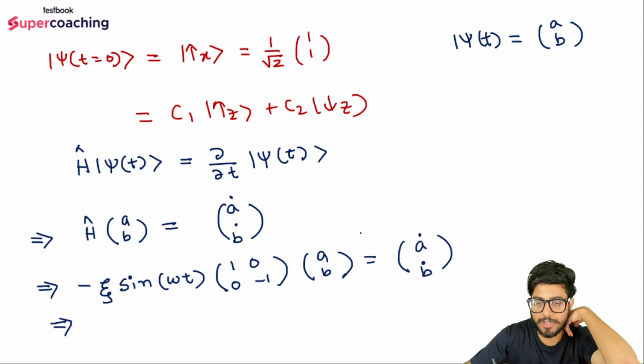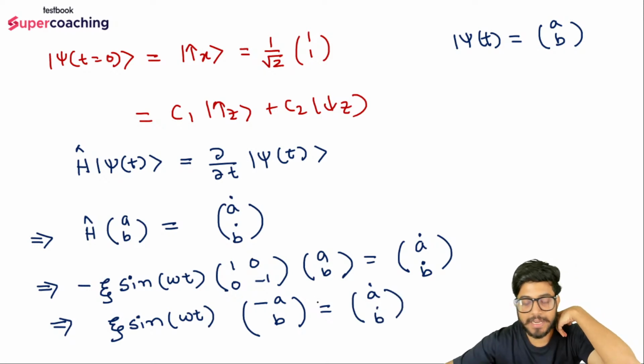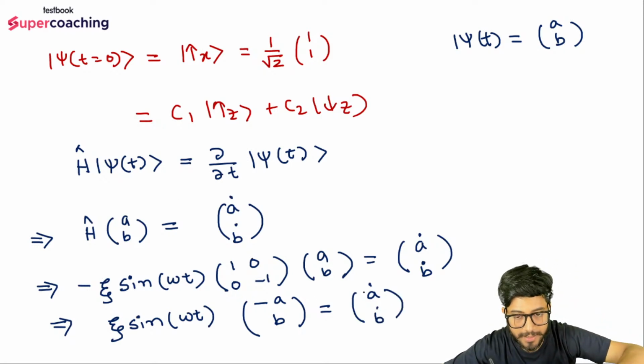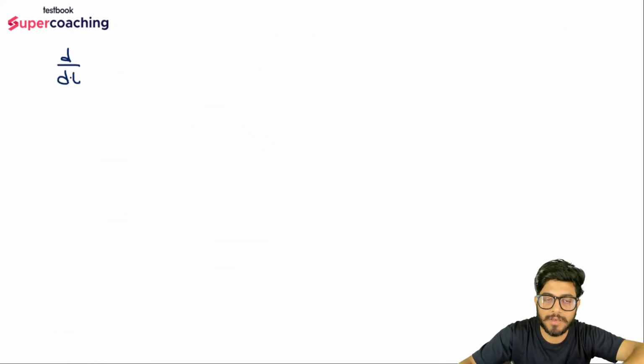Very good. Now if you do the multiplication, you will get A and minus B, and this minus sign you can take inside. So zeta sin(omega t) times A and minus B equals A dot and B dot. Now from here I can write dA/dt.